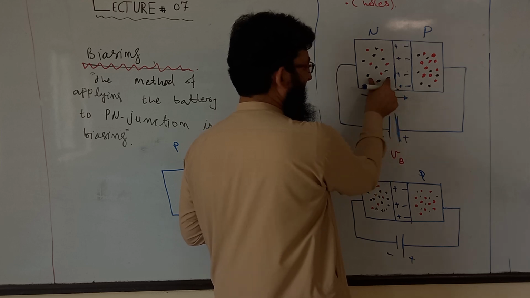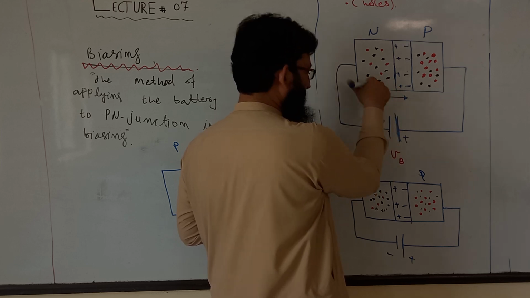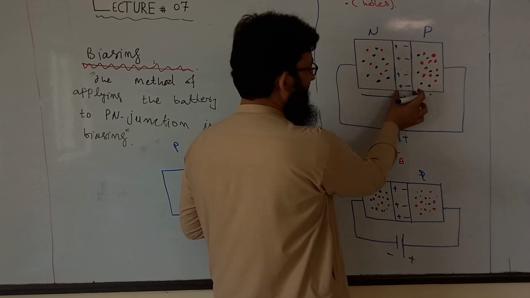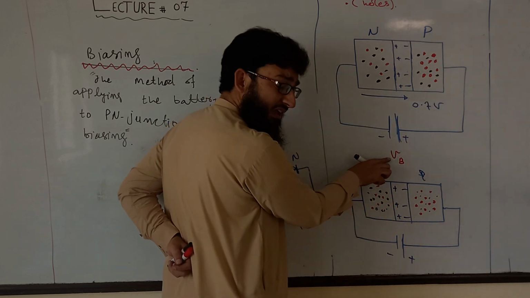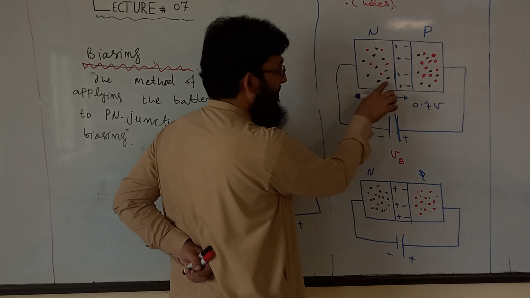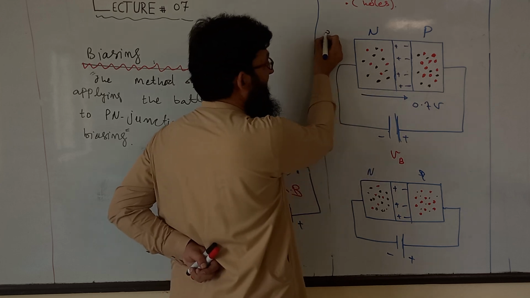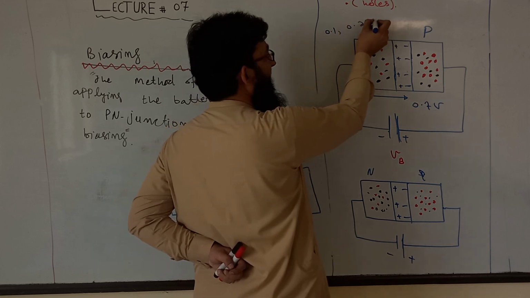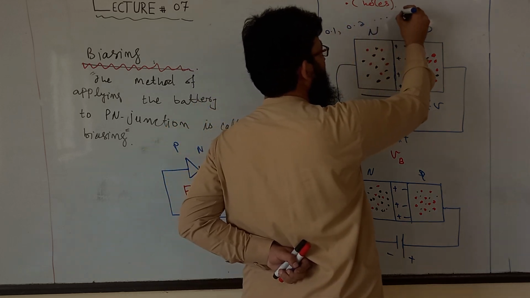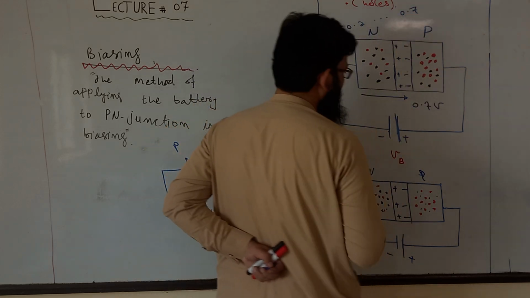The potential barrier, and these electrons will gain potential. Here for silicon, let's say it is 0.7 volt. Initially when we apply this battery, the potential of this electron will become, let's say, 0.1. After that it will become 0.2 and it will increase and reach 0.7.